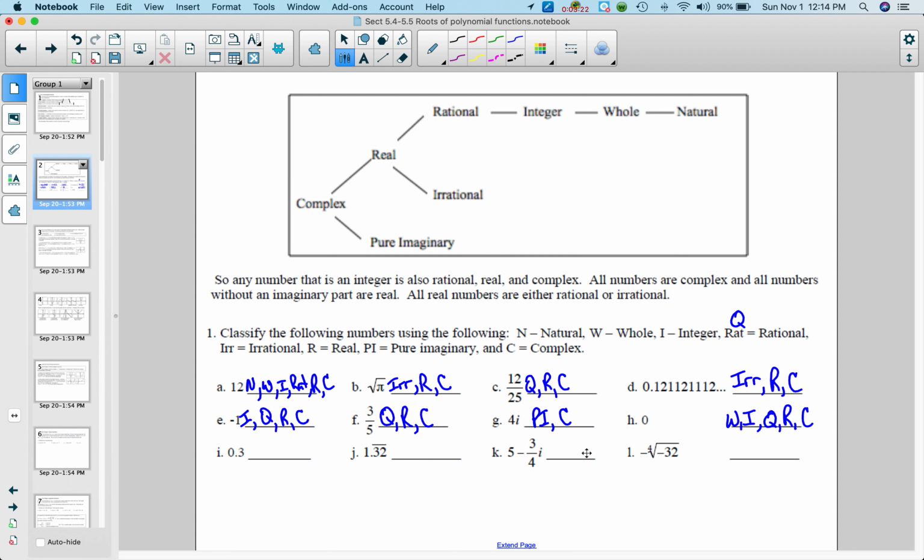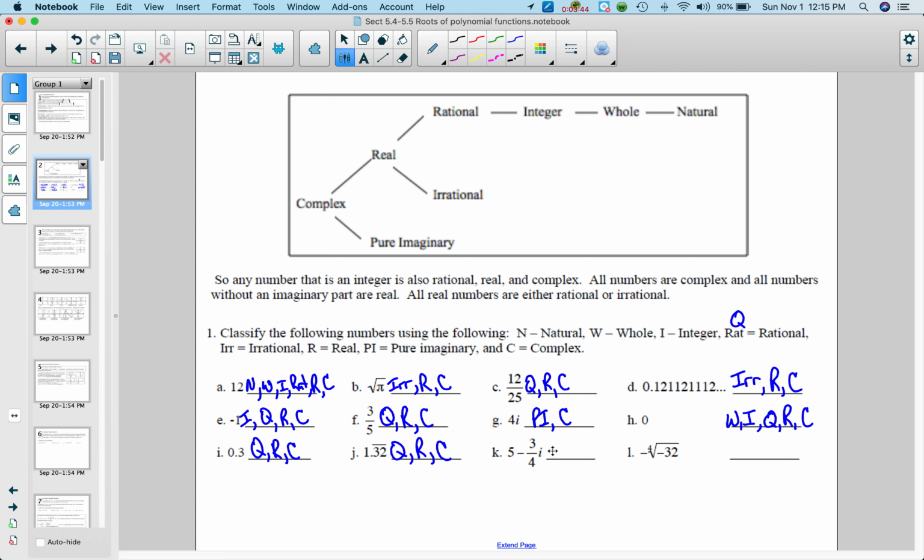I guess I should put complex on this too. Pure imaginary is also complex. They're all complex. 0.3 is a terminating decimal, which makes that rational, real, complex. This 1.32 repeating is a repeating decimal, which makes it rational, real, and complex.